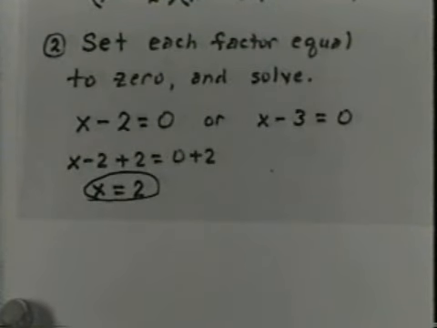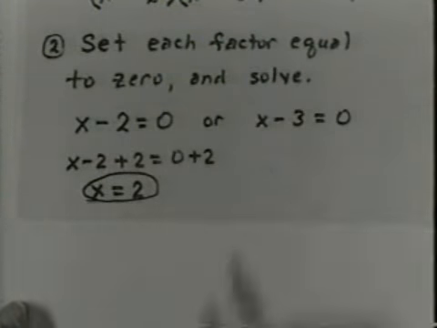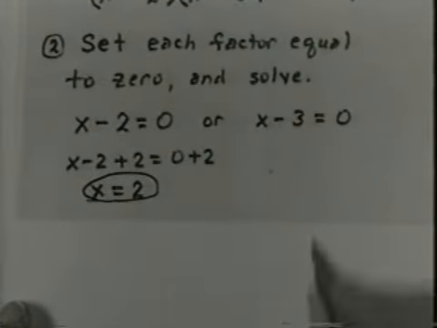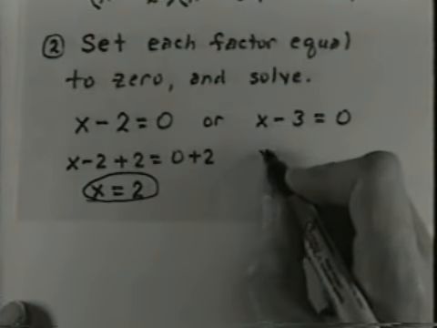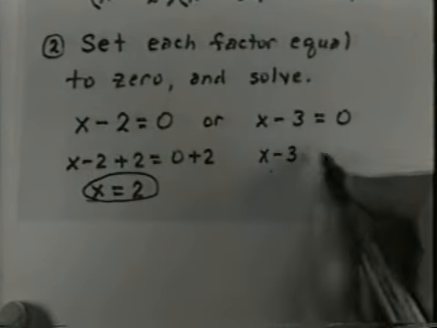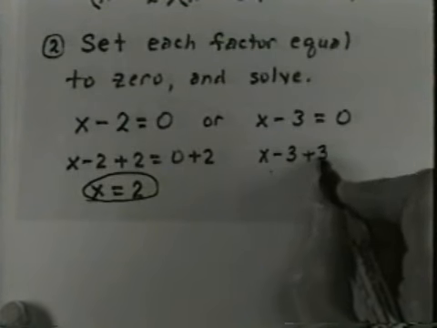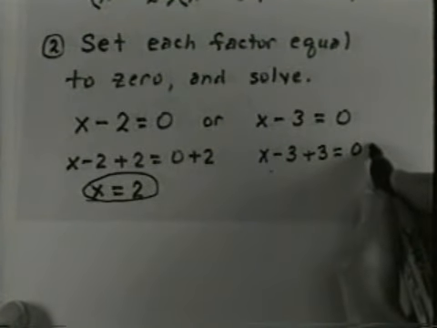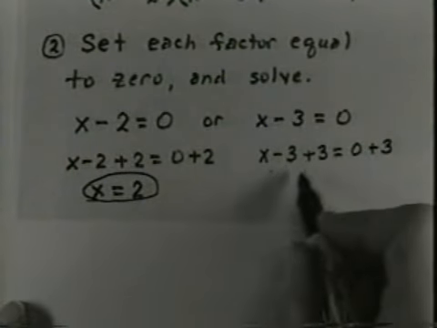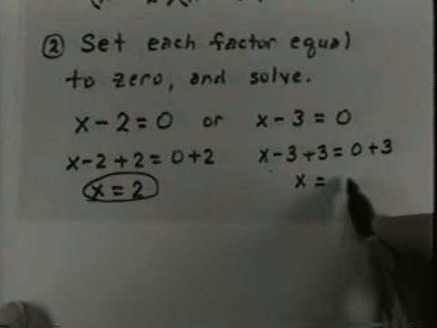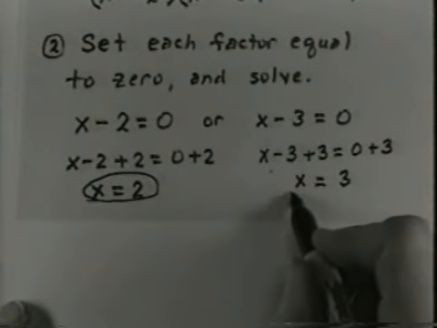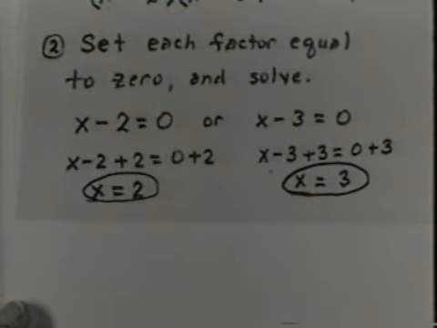Our other factor, x minus 3 equals 0. We go through the same process. We add 3 to both sides. We get x on the left, 0 add 3 is 3, and so our result is x equals 3.